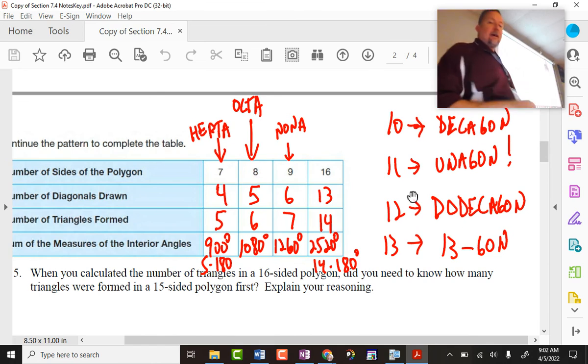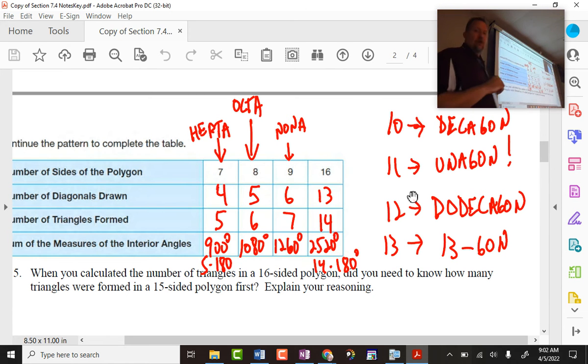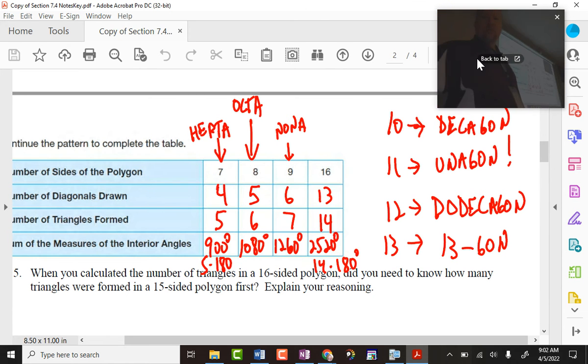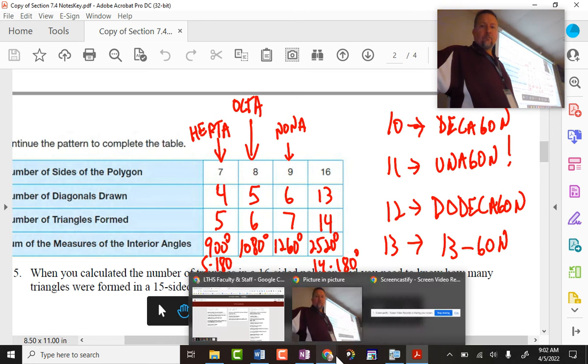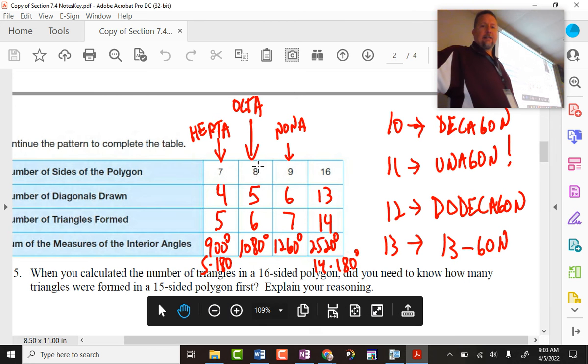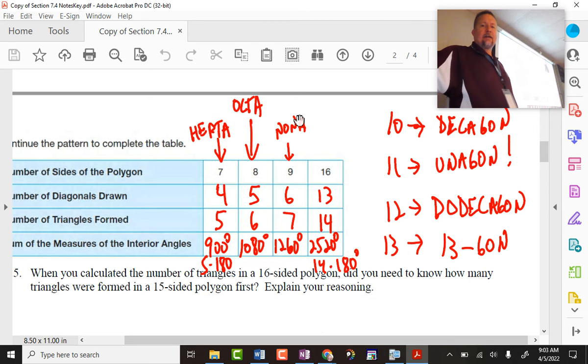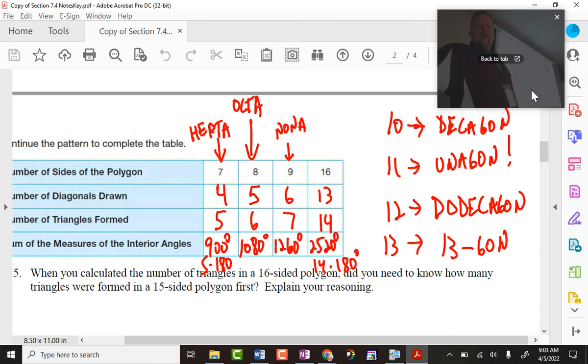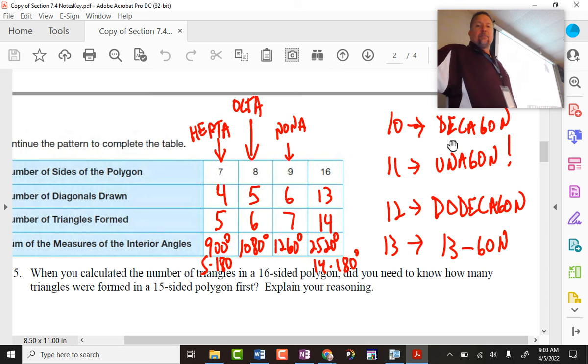Okay, shouldn't have shown you that, but then the next thing I had the class do was fill in that chart on their own and then shared those names that we should know. So we should know those names. Heptagon 7, octagon 8. This is a weird one, nonagon. And then not listed in the chart, but decagon, undecagon, another hard one, 11-sided, and dodecagon.